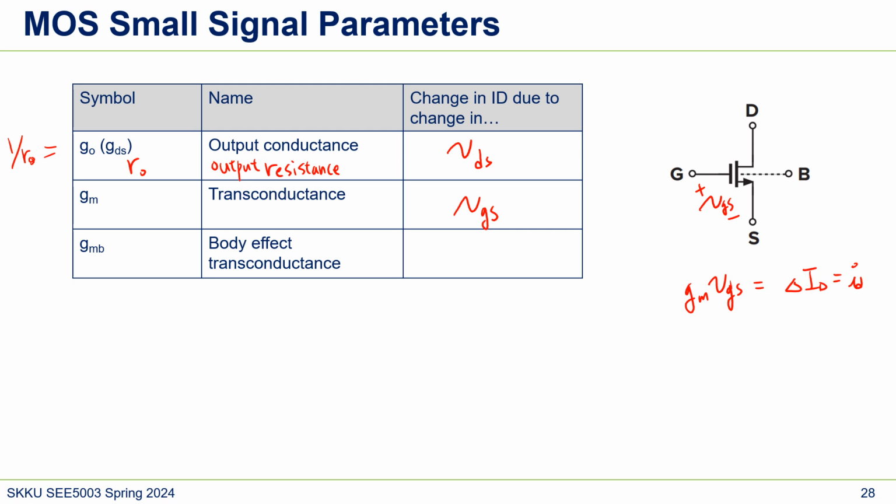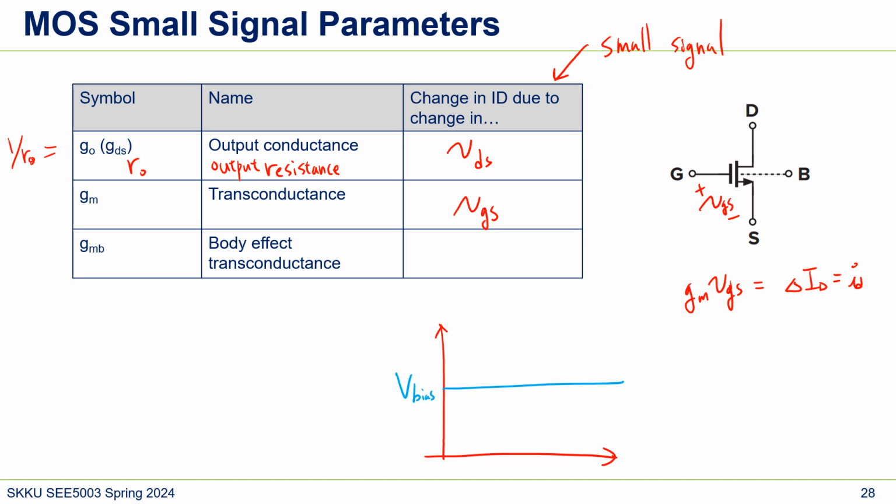Again, this column shows small signals. They are not bias or anything, it's just the small signal part. For example, I think I'm saying it multiple times. Let's say this is the bias voltage and VG is actually here.